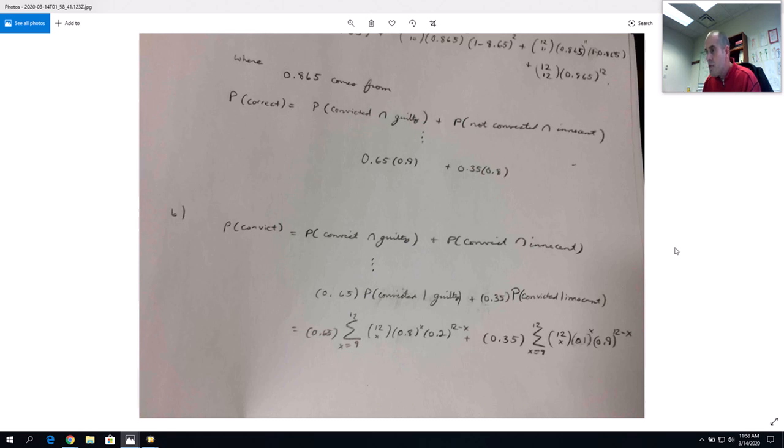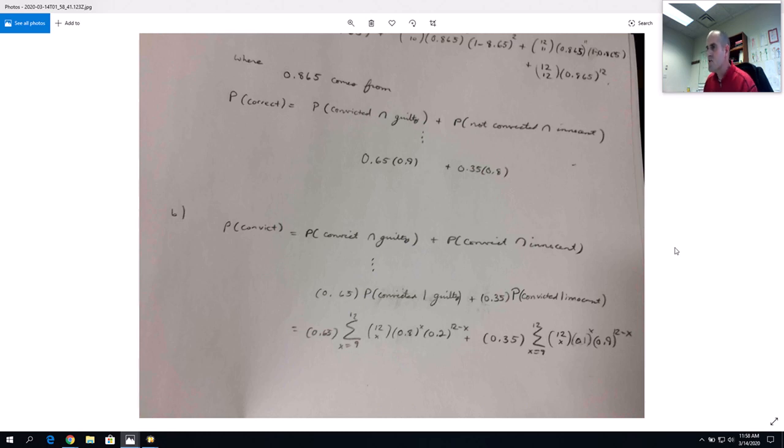So that should be 0.65 times 0.8, I think. And then you also want the probability that they will vote to acquit and that they are innocent.